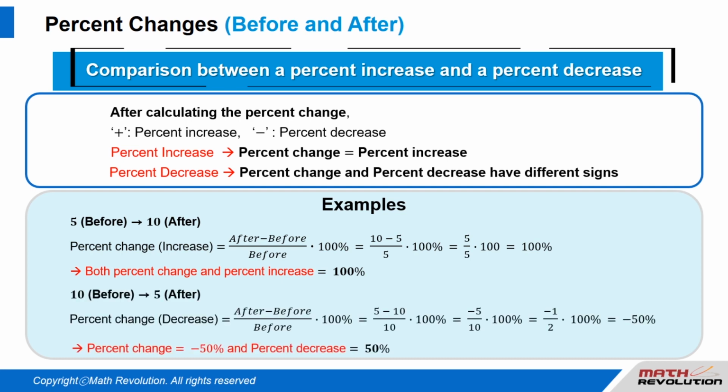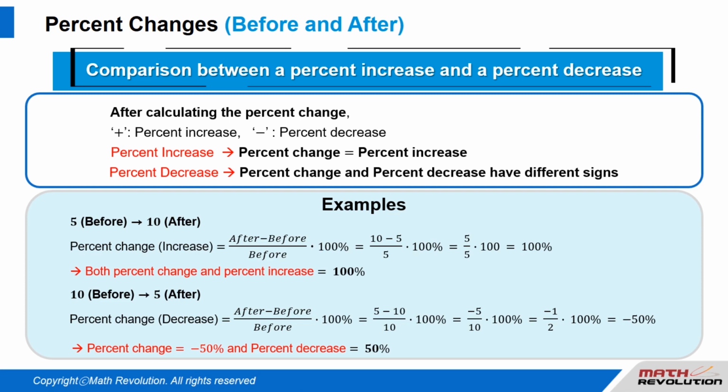Percent change when decreased, 10 becomes 5. Percent change or decrease is equal to after minus before over before times 100%, which is equal to 5 minus 10 over 10 times 100%, which equals negative 5 over 10 times 100%, which equals -1 over 2 times 100%, which equals -50%.